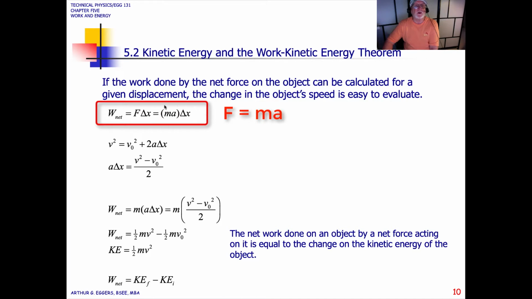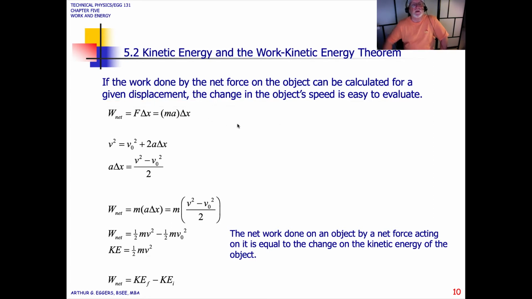Now we have a relationship here that we can use to use some of these motion equations. So if we pick the correct motion equation, we might be able to do a substitution in here and come up with something to help us solve other types of problems with work and energy.